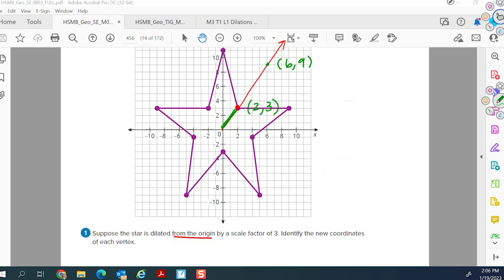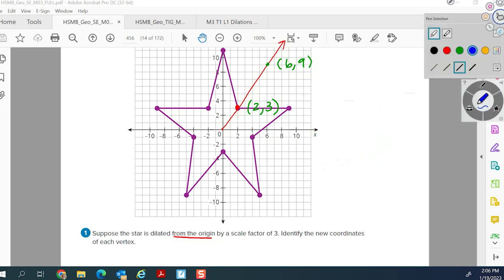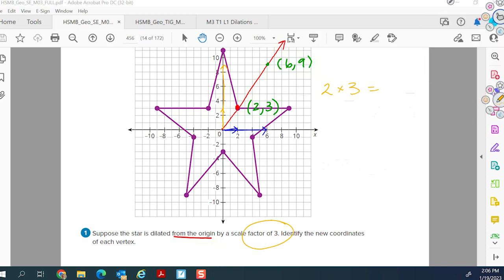Now instead of thinking about getting from the origin to that point going diagonally along this red ray that I have drawn here, think about it in terms of x and y components separately. I'm going 2 here, and then I'm going to expand that to go 6. In the y direction, I'm going 3, and instead of going 3, I'm going to go 9. What you'll find is that I can take 2 times the scale factor of 3 and get 6.